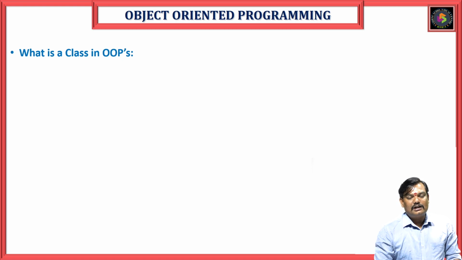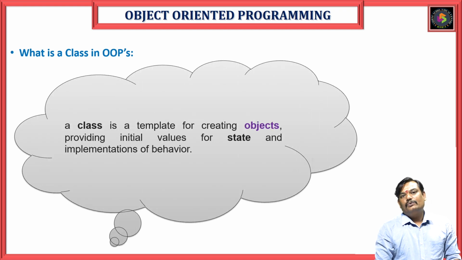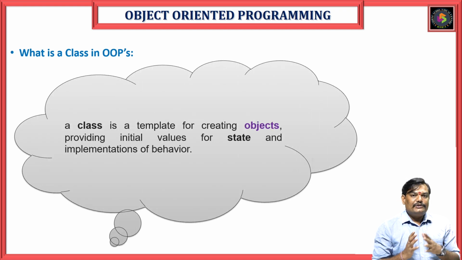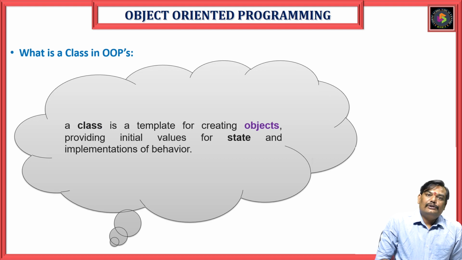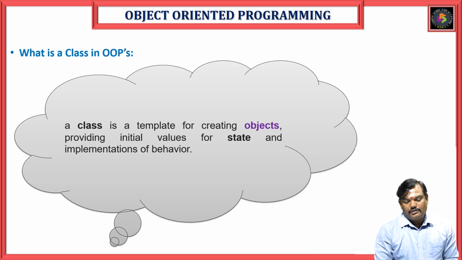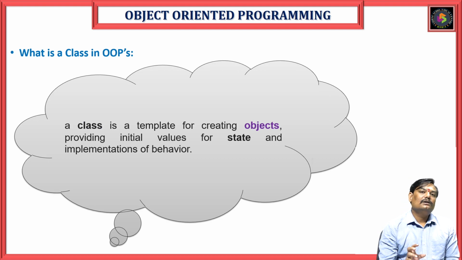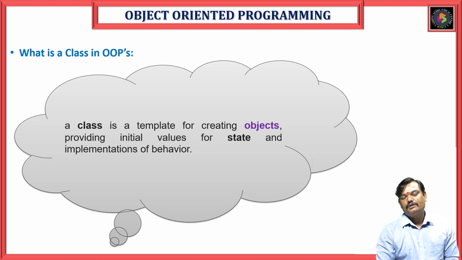So when I say a class in object-oriented programming, it is a template that will be used for creating different types of objects, where we will provide the initial state for that object, and we will do some implementation of behavior for that object.